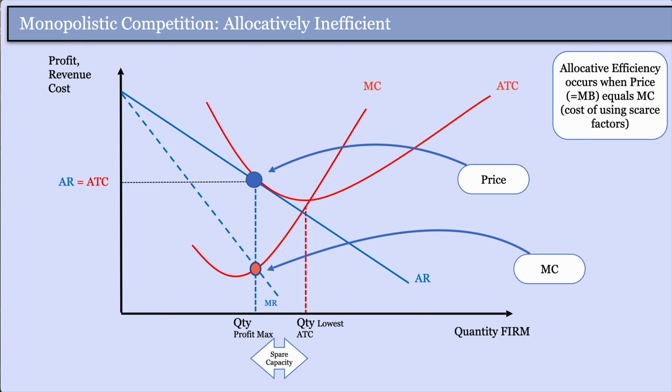Some people do fill in that gap between there and there, but that's a welfare loss triangle, if you like. But you can simply state that you are not allocatively efficient in monopolistic competition.